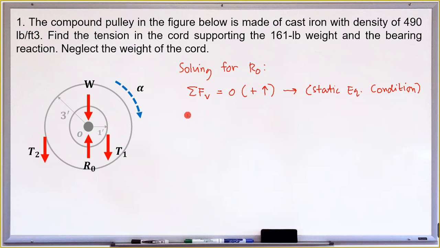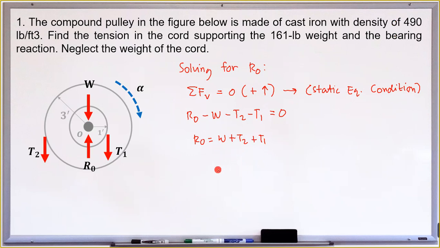So we have the upward force, only one, that is the bearing force, minus the weight of the pulley, minus T2, minus T1, that is equal to 0. Therefore, the bearing reaction is equal to the sum of the weight plus T2 plus T1. We already know the values of T2 and T1, but we don't know the weight of the compound pulley.